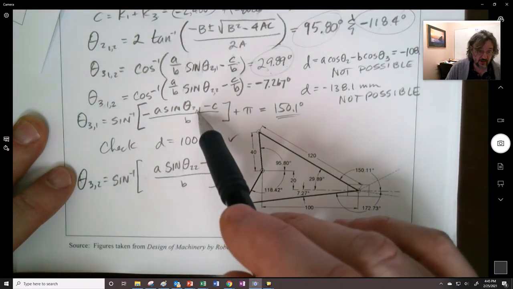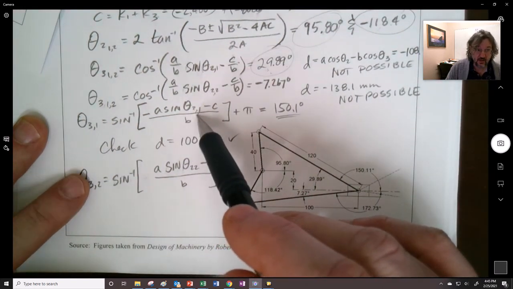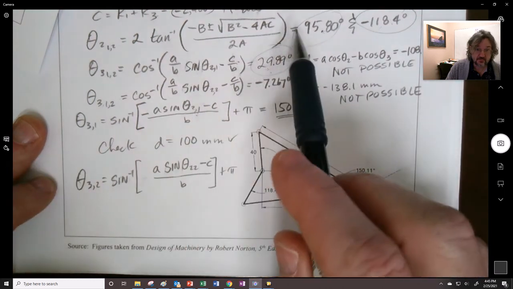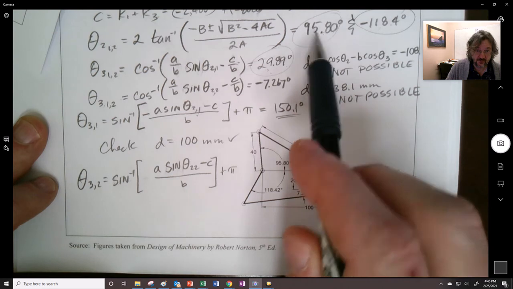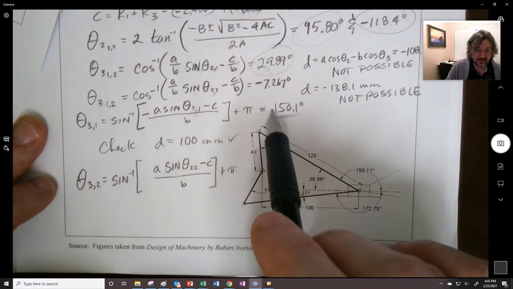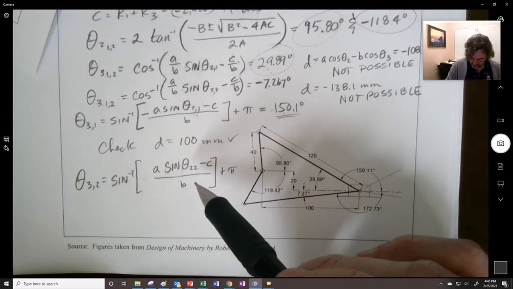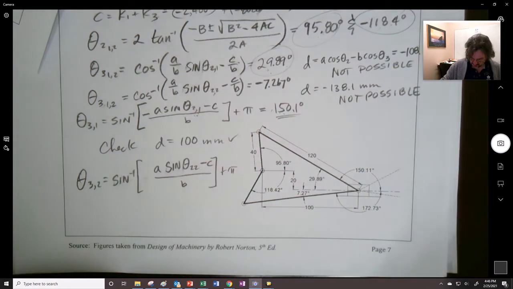And so right in here, I put in the 95 point there for this one, and I get the 150. And then, wait, let me double check here.